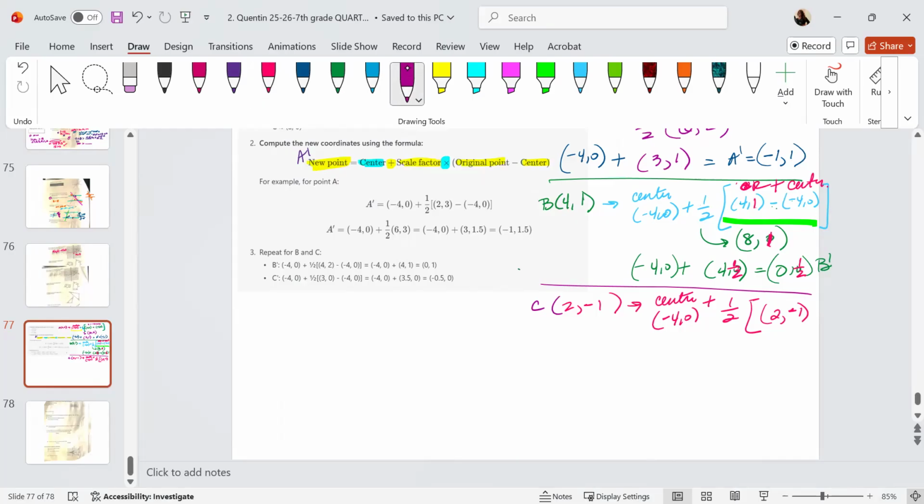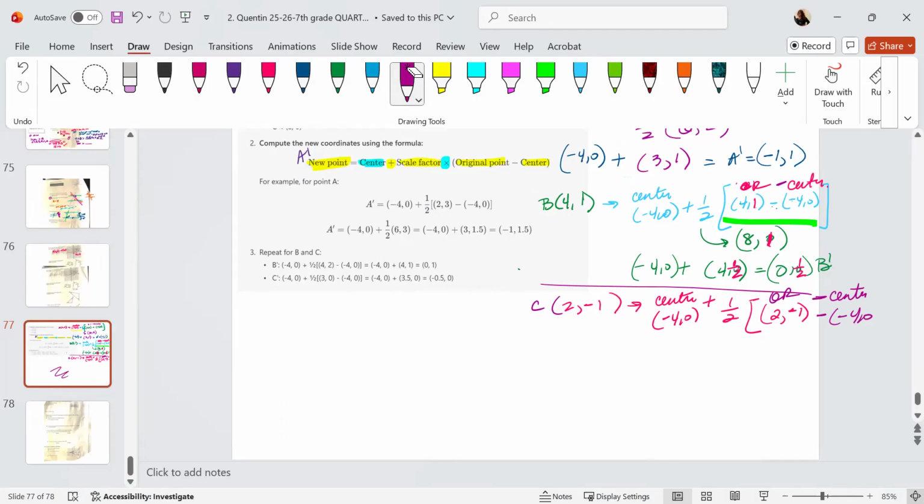Okay, next one. Let's go on to C. This is going to be your original point minus the center, correct? It's not plus, it's minus the center. Minus negative 4 comma 0.